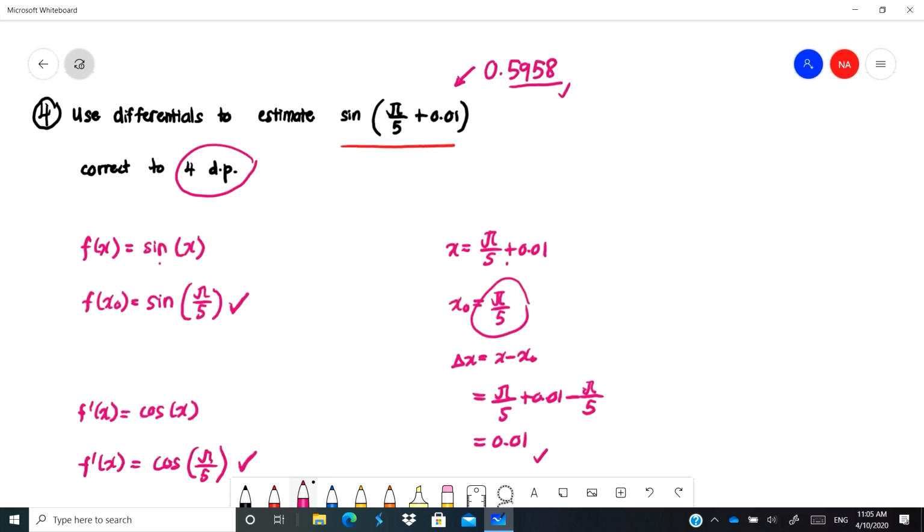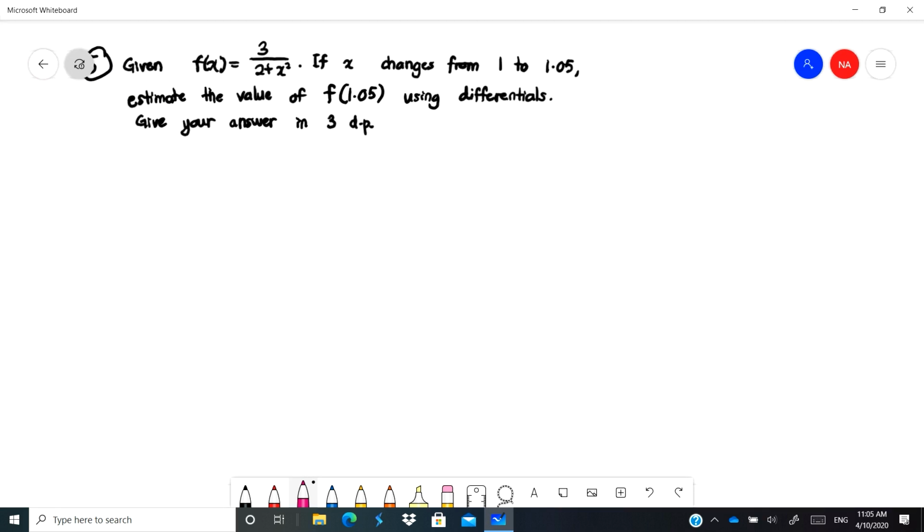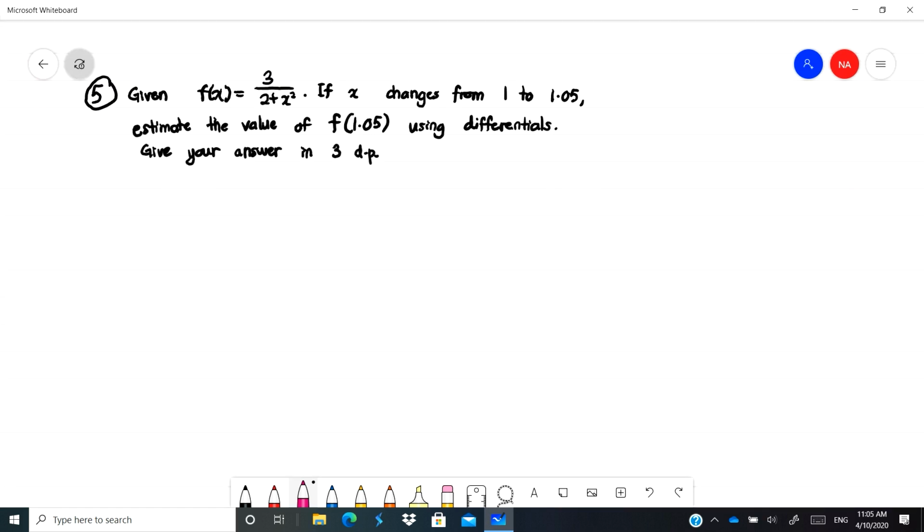Alright, let's move to number 5. We are already given f(x) here. The question says that x changes from 1 to 1.05, meaning 1 is x naught, the initial value, and this is the new value, which is x.